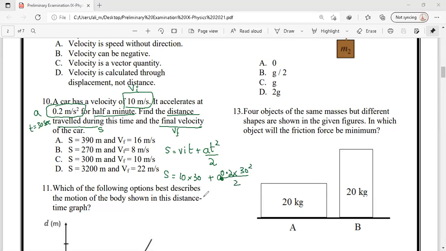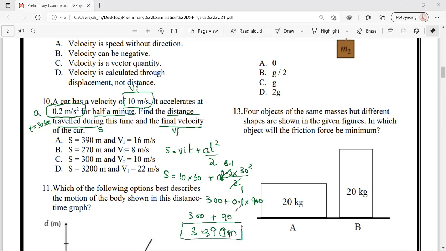So 10 into 30 is 300, plus 0.2 divided by 2 is 0.1, multiplied by 30 square, which is 900. So 300 plus 0.1 multiplied by 900, which is 90. So the distance covered by the car is 390 meters.